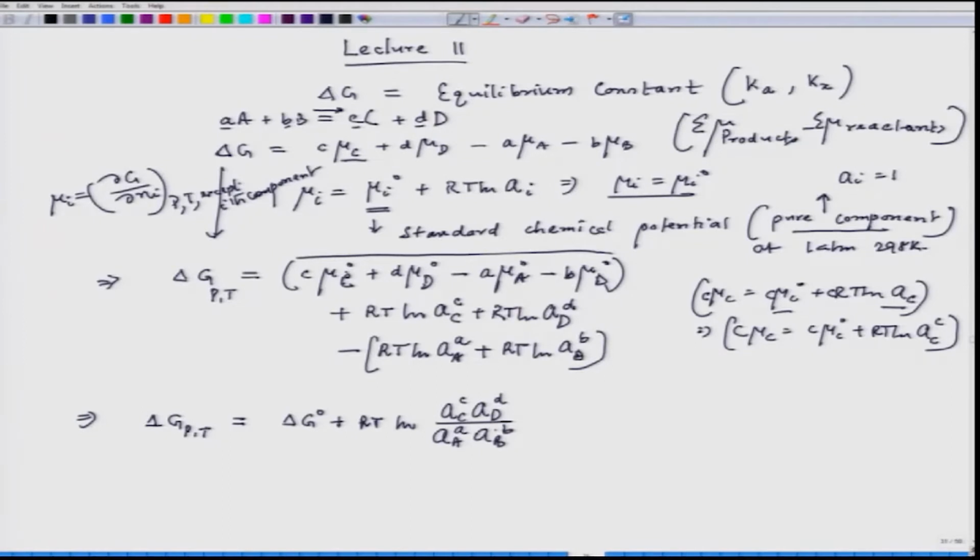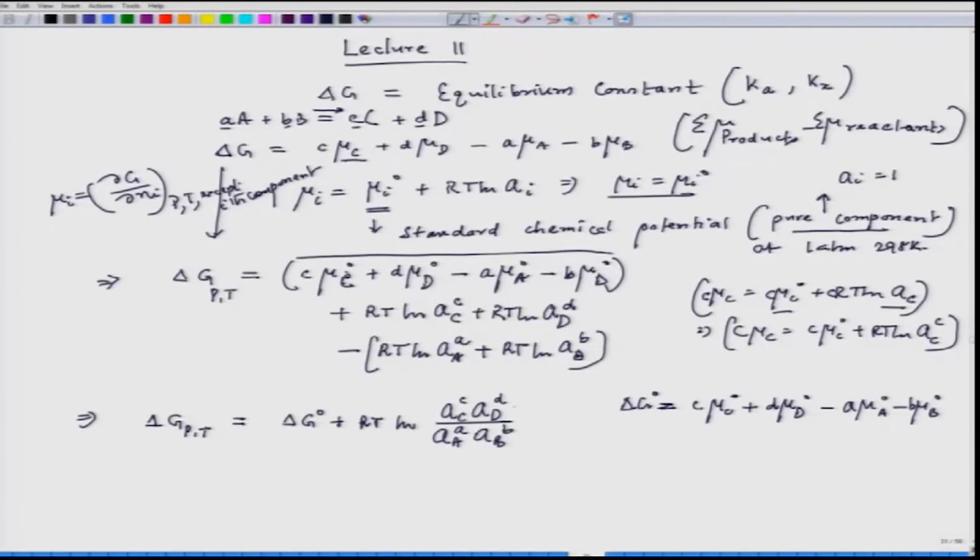So, this is my relation where delta G 0 equals c mu_C 0 plus d mu_D 0 minus a mu_A 0 minus b mu_B 0.